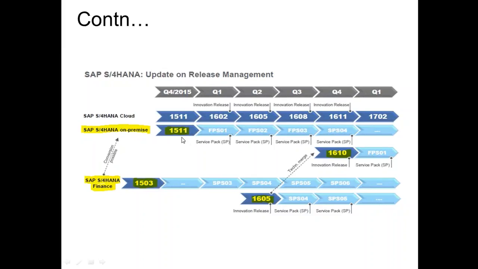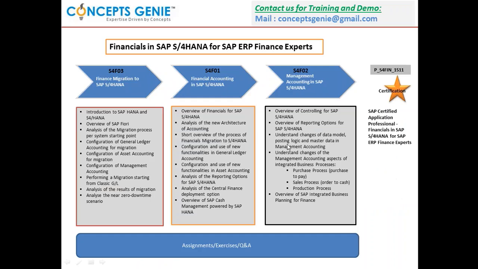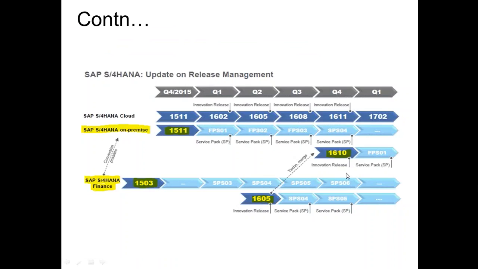With respect to SAP S/4HANA on-premise, the first mega update was 15.11, and after that the next was 16.10. In between, in case of any minor updates, SAP committed to release them via FPS, that is Feature Pack Stack. So this is the thing.